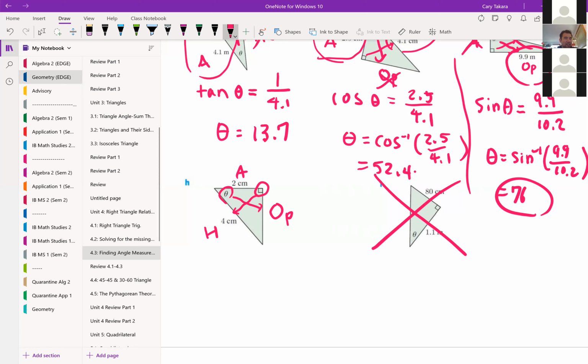And 2 is adjacent. There is nothing on opposite, so that's gone. So it is an adjacent and hypotenuse combination. Palmer, do you want to try that again? Which one uses A and H?